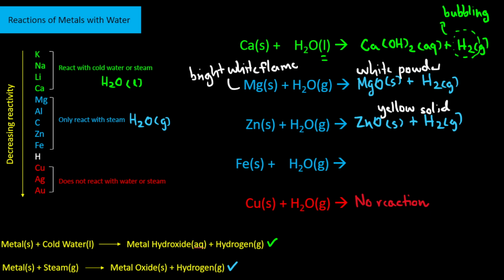Okay, so when iron reacts with steam, which is a gas, you will get triiron tetroxide, which is Fe3O4 solid, plus hydrogen gas, and you might need to balance your equation here. Okay, so you can do the balancing on your own actually. So triiron tetroxide will actually be a dark gray or a black solid here.